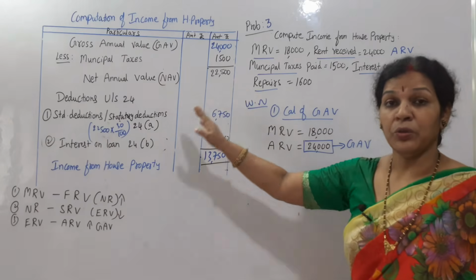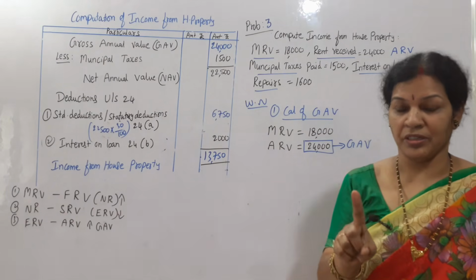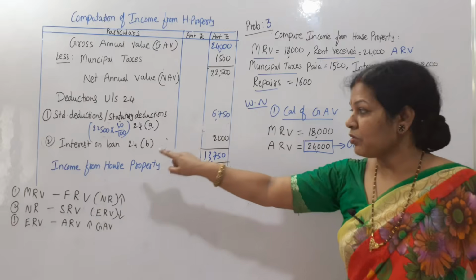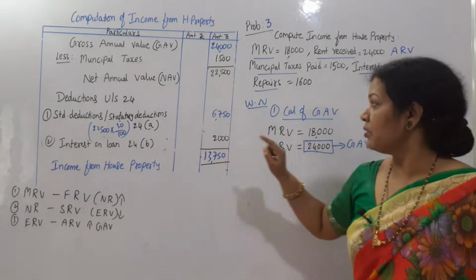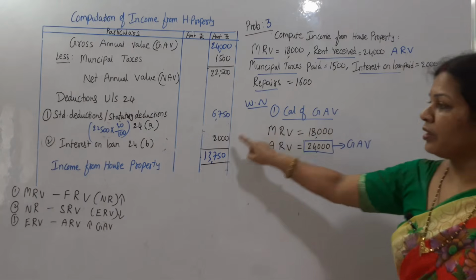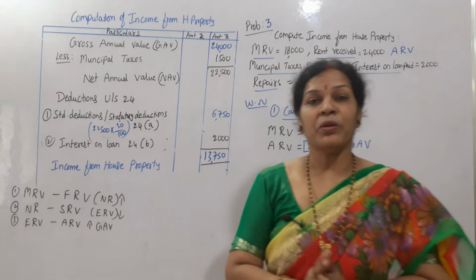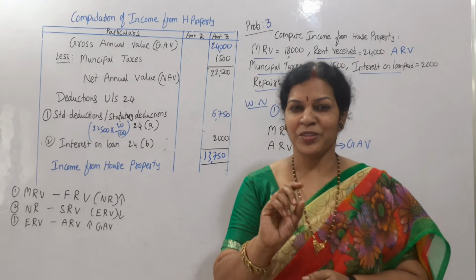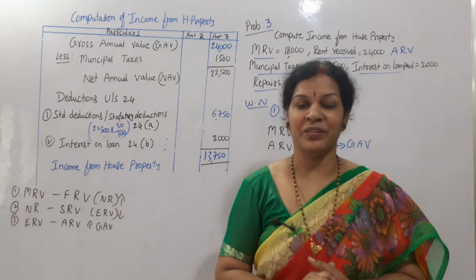From net annual value, we deducted the standard deduction, section 24 subsection A, 30%. And also section 24 subsection B, interest on loan, given as 2,000, that is also deducted. That's it, simple problem, nothing to worry. We'll work out a few more problems so that you will get a lot of confidence and understand small adjustments, small changes very clearly.